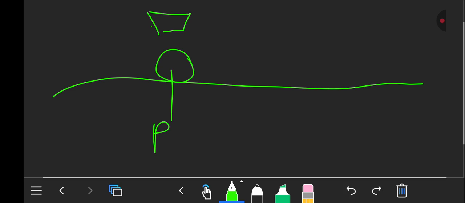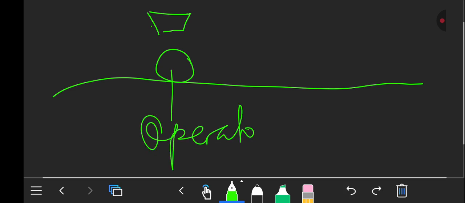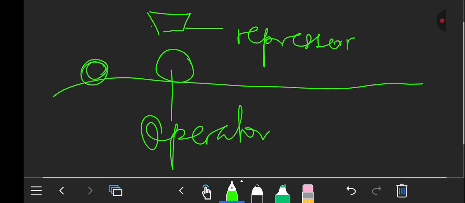To this operator. So the repressor won't bind. What has caused this repressor not to bind? It is because there is absence of glucose, but there is presence of lactose. There is RNA polymerase on the promoter there.